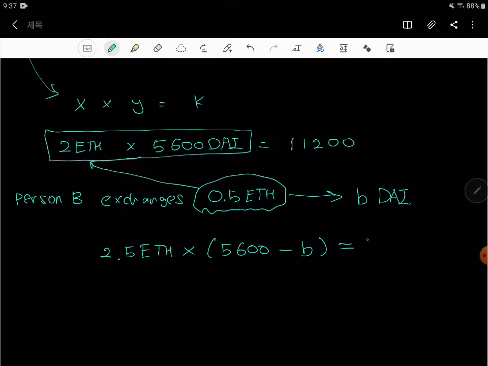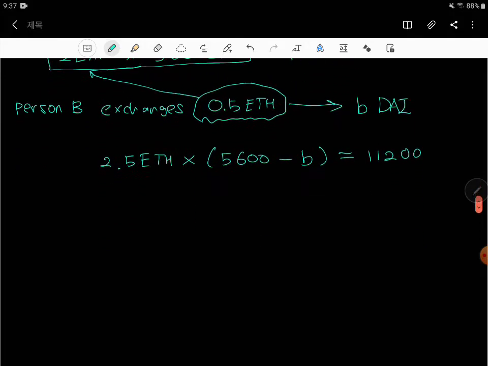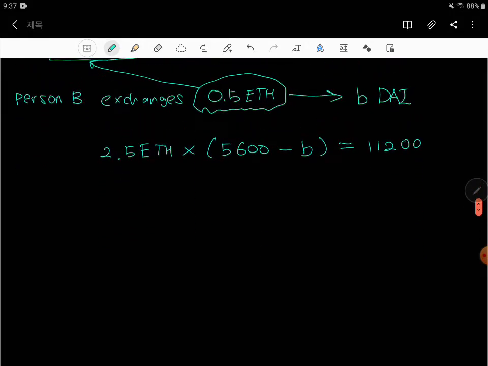So now you have this formula here. Let's calculate this. So 11,200 equals 2.5 times (5,600 minus B).